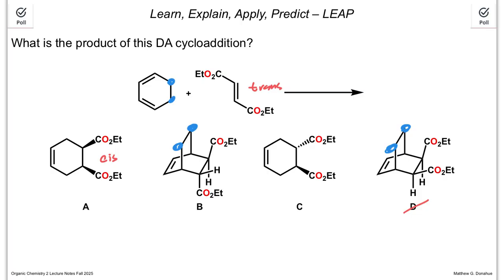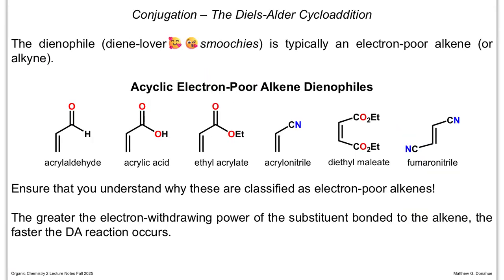Let me see what we have with 1 minute. I think we're fine with the number of lectures for this module, so I don't feel the need to rush anything. What we'll do on Monday is focus on what I'm going to call polarity matching of the diene with the dienophile. And we have to use resonance.